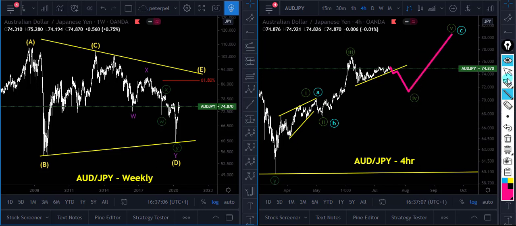Knowing these scenarios, after trading the 1, 2, 3, 4, 5 or either the ABC, then you come to watch.